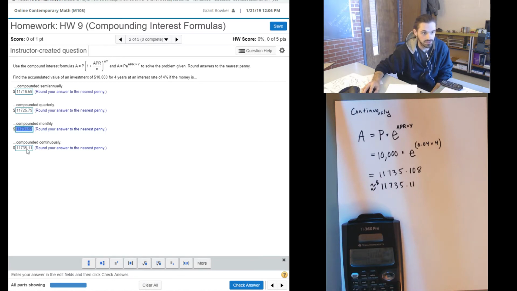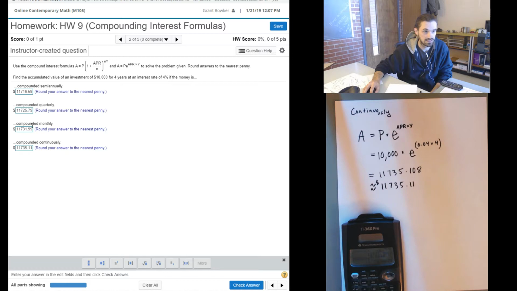So when the interest is applied continuously, we do get some growth. In fact, this should be the largest value. That's a good way to check during a test: your compounded continuously should be greater than the previous three. Also, notice compounded continuously is pretty close to compounded monthly, only a difference of right around $4.